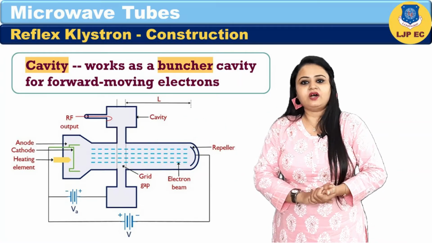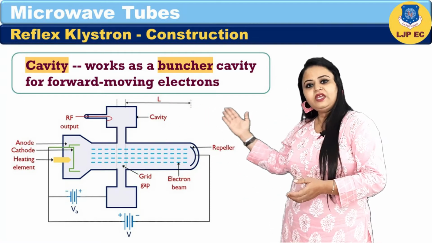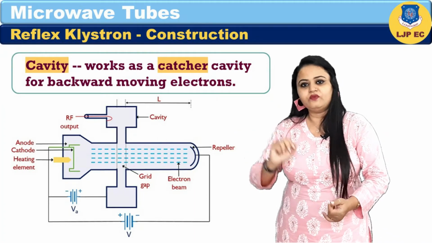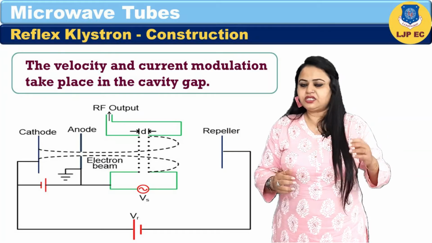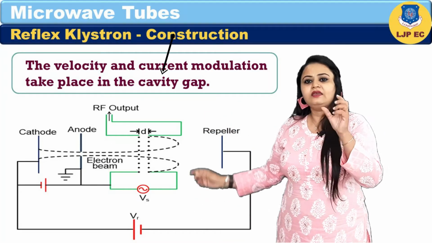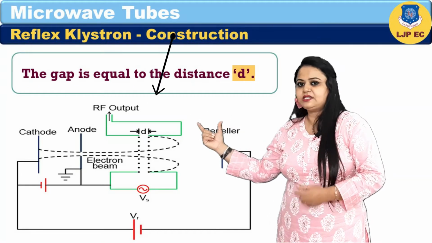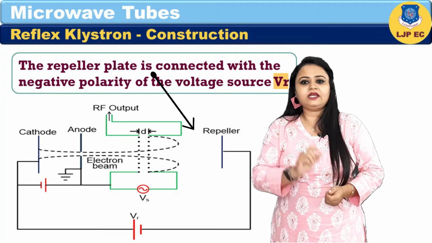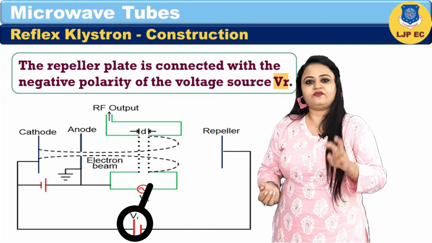This cavity works as a buncher cavity for forward moving electrons and a catcher cavity for backward moving electrons. The velocity and current modulation takes place in the cavity gap. The gap is equal to the distance d. The repeller plate is connected with the negative polarity of voltage source VR.